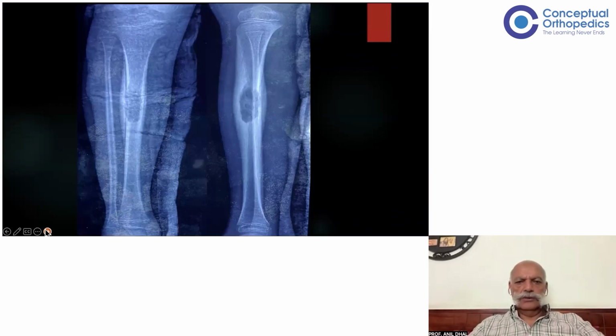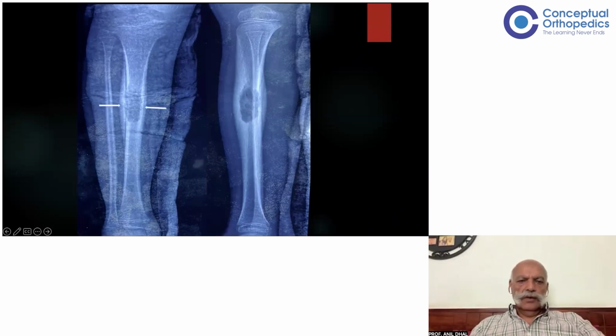And this was the X-ray of this patient, which was showing a laminated type of periosteal reaction along with a lytic area, which was also destroying the cortex and the medulla, corticomedullary destruction.